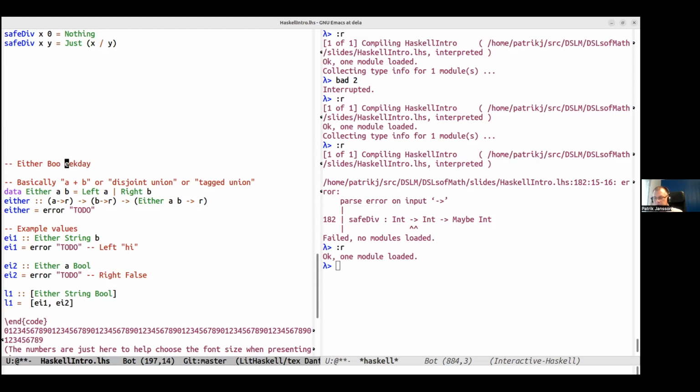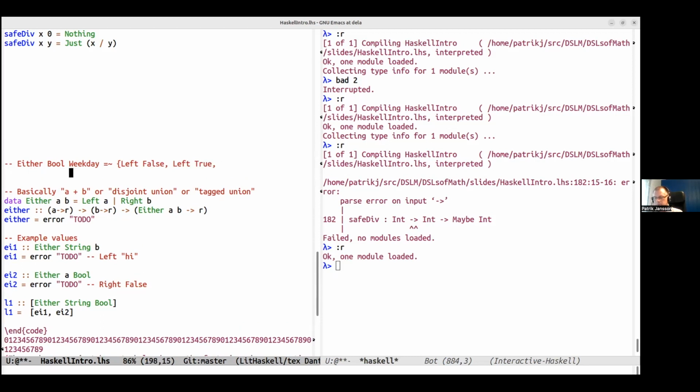Either bool weekday contains the values left false, left true, right Monday, right Tuesday, and so on up to right Sunday.